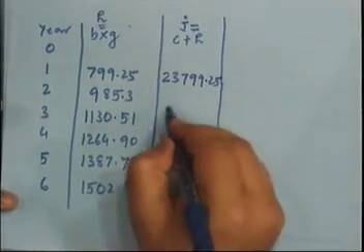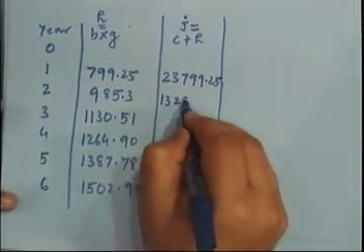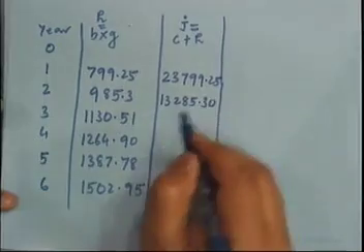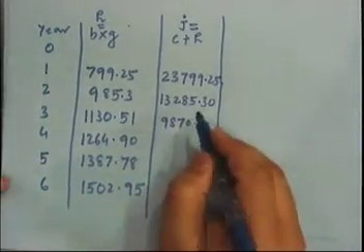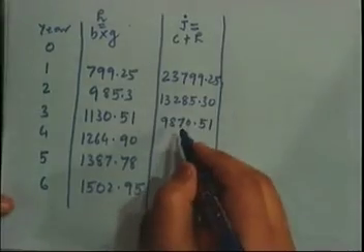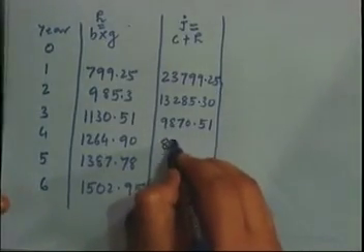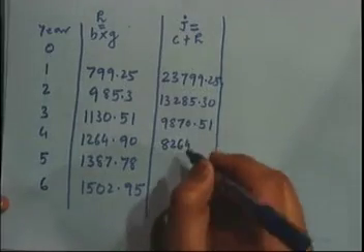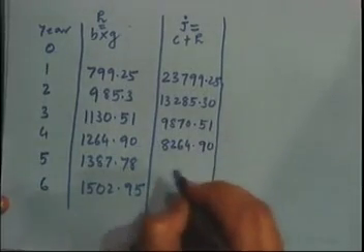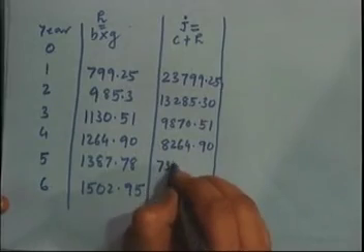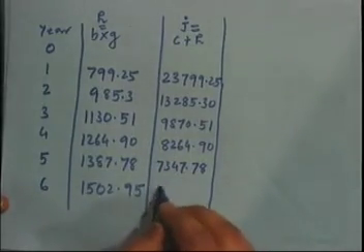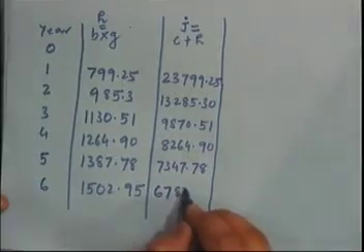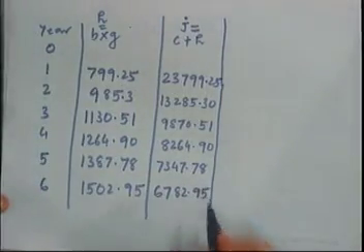So, this will become 23,799.25, 13285.30, 9870.51, 8264.90, 7347.78 and 6782.95.